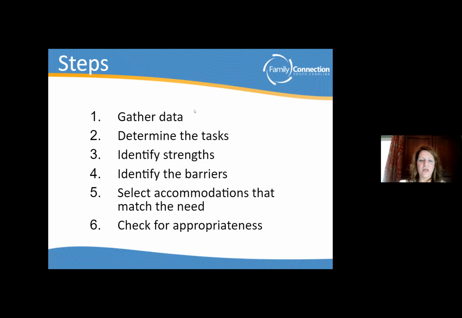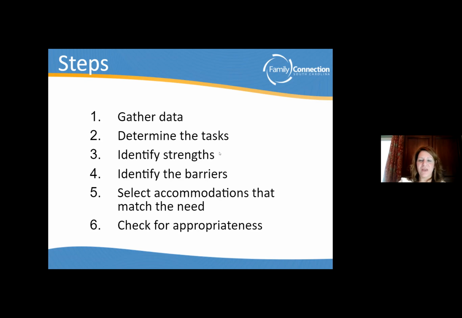that echo. Okay, so steps to choosing, selecting, and making sure the accommodations are appropriate. You've got to gather data and figure out what is the situation, really define what's happening, what's needed, determine the tasks that are required, and then really look through identifying the strengths of the student.